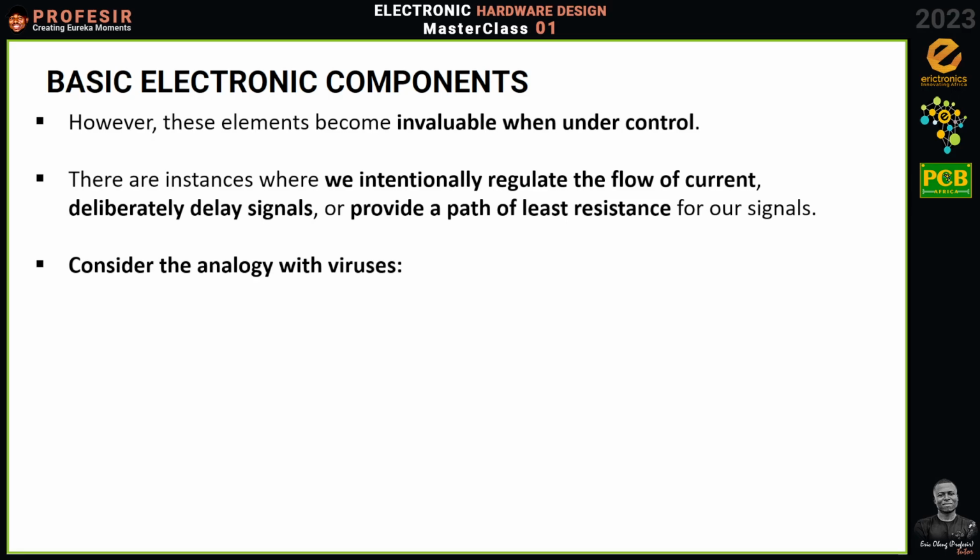Is that okay? Now, there are also instances where we specifically need a certain amount of energy to move through a system. Is that okay? For instance, assuming I have a battery that is rated 9 volts, right?